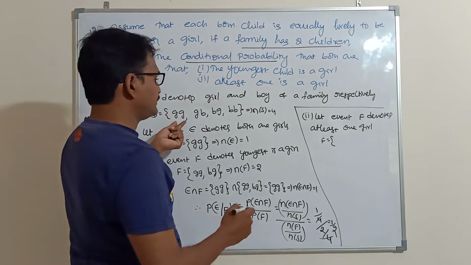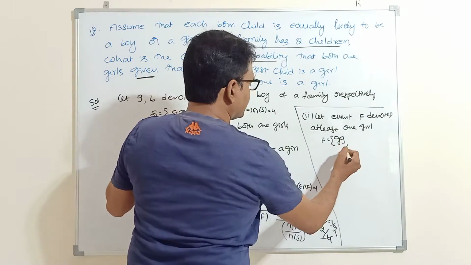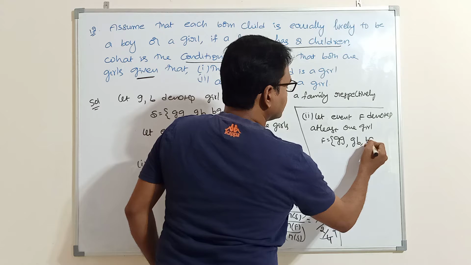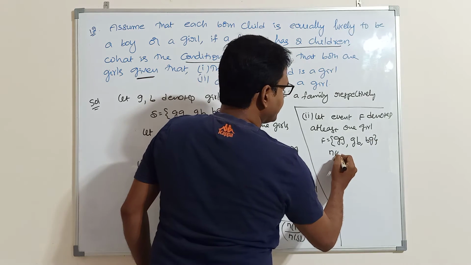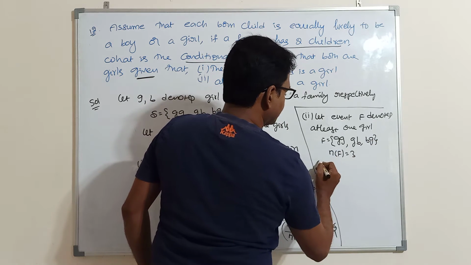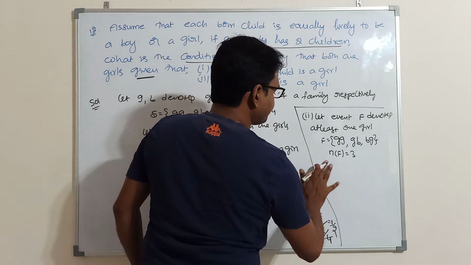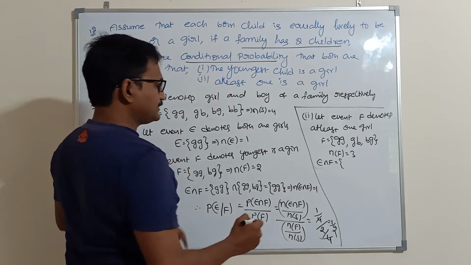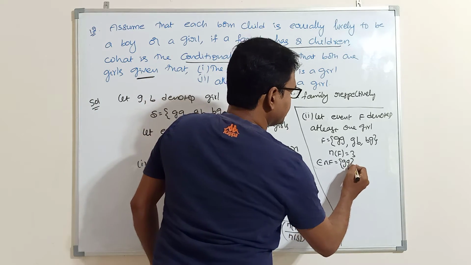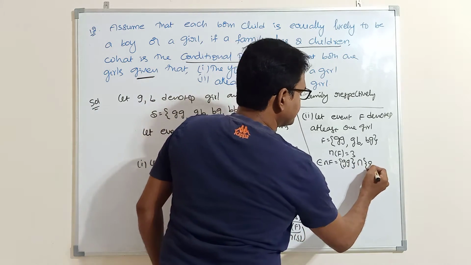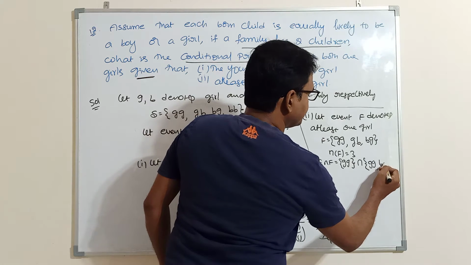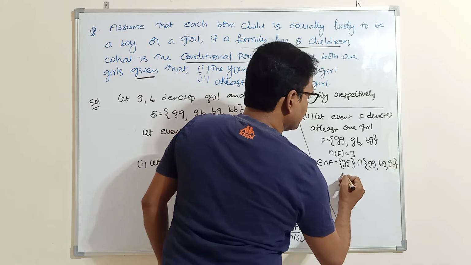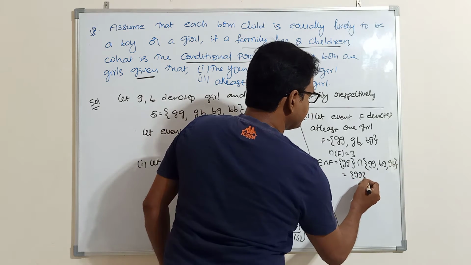Minimum one girl means two girls will come, or girl boy, or boy girl. So the number of sample points is 3. Next, E intersection F: E is GG, intersection F is GG, BG and GB. So the common sample point is GG.